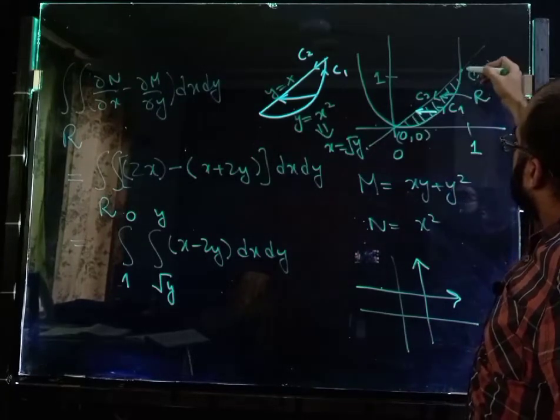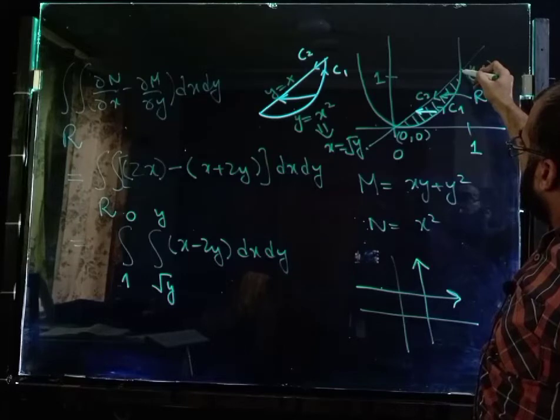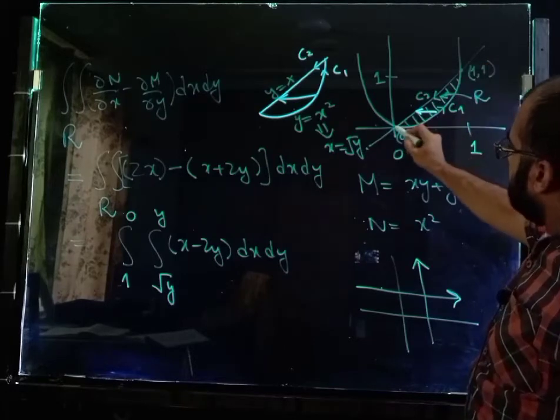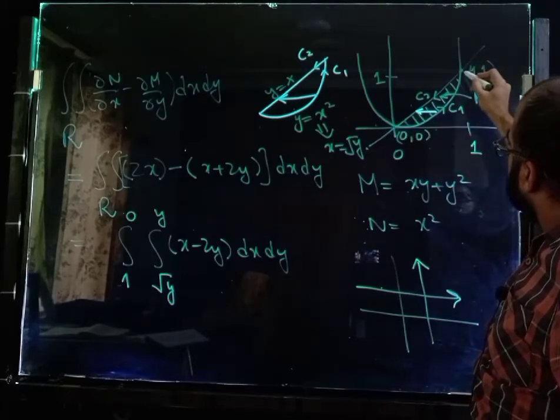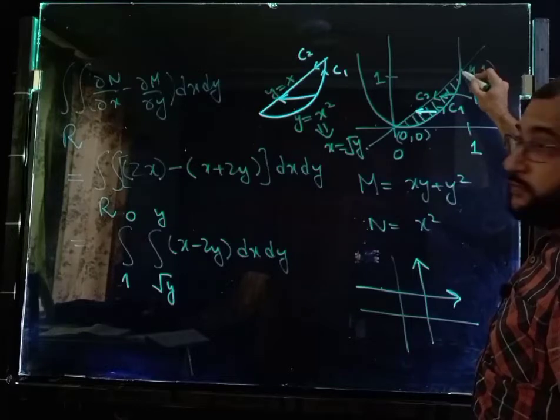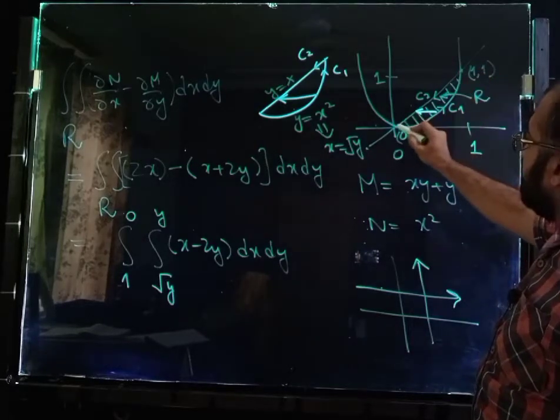So C1 is starting from here and ending here, and C2 starting from this one point and ending at this point.